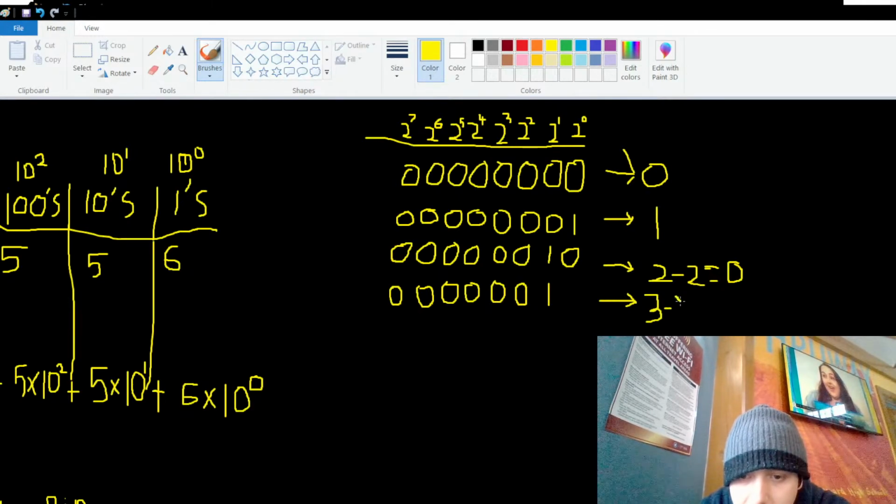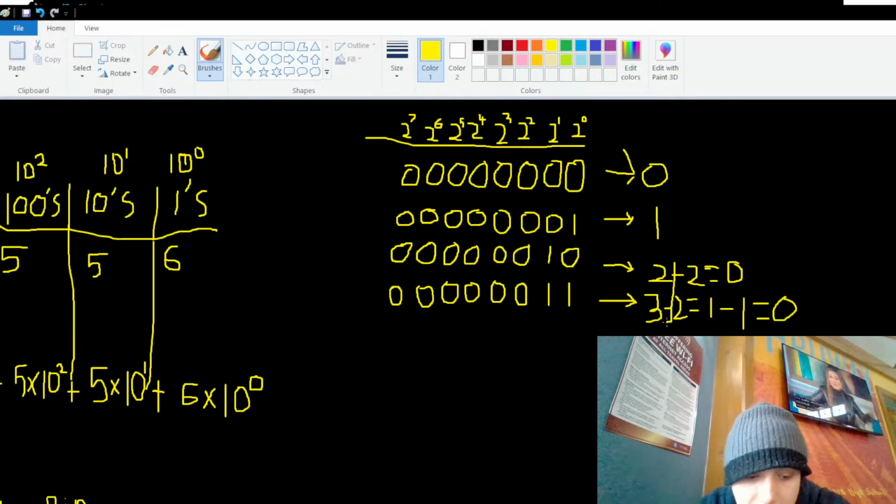So now what do you have left? You just have 1 left. And luckily, and I'll explain later how it's not luck, you only have a 1 left, and the last place is 2 to the 0, which is 1. So now you've used 1 up. And now it divides in perfectly, and you got your 3. So 0, 0, 0, 0, 0, 0, 1, 1 is 3.